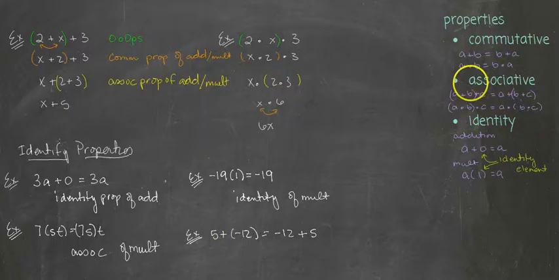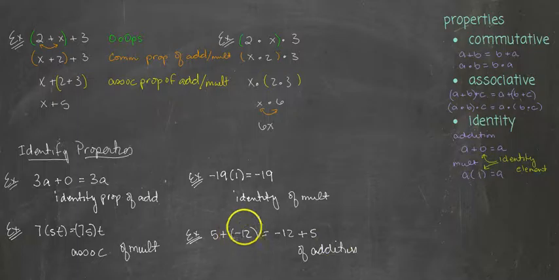So in this case, the parentheses have nothing to do with the property, but 5 and negative 12 have been reversed in order. The one that reverses the order is commutative. And since I know I'm dealing with addition, and don't be thrown because this is a negative integer, I'm adding the negative integer. So it's the commutative property of addition because they switched the order.